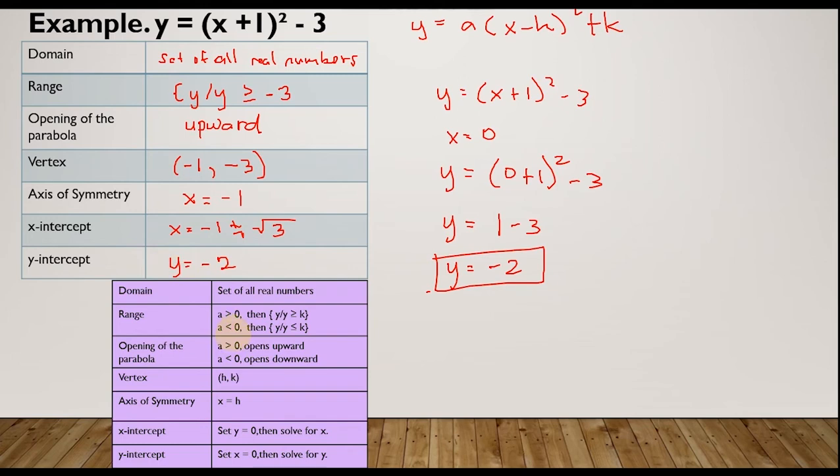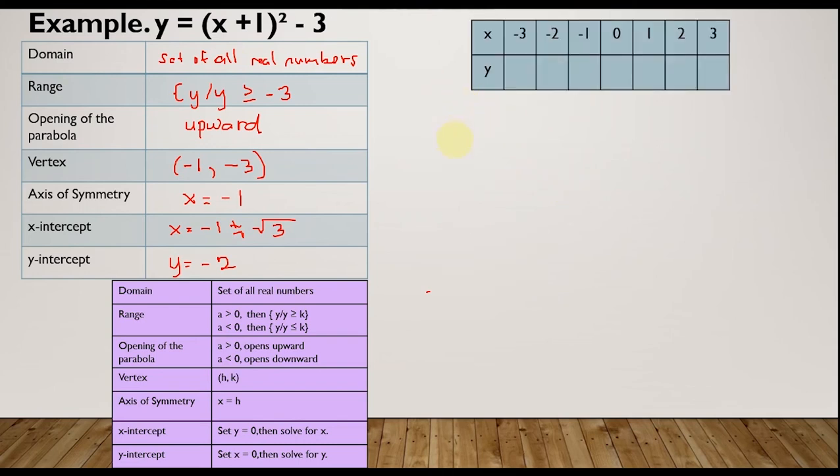What about if you are asked to graph this equation or this function? To graph the function, let's have here a table of values. Now to graph our example, we're going to test these values on our function to determine the value of y. So let's start with x equals negative 3.